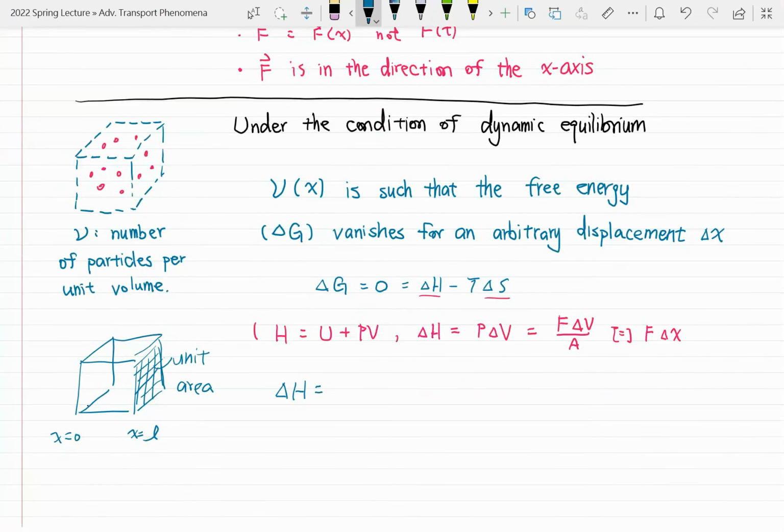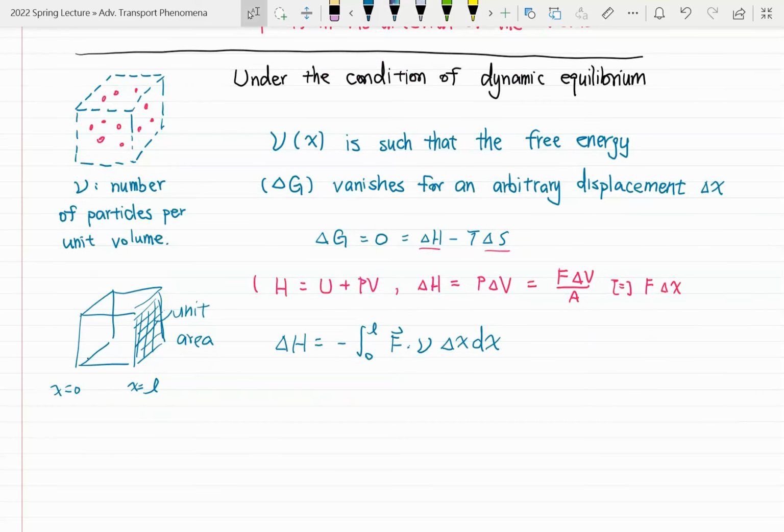Okay, so delta H here equals the negative integration from 0 to L of the force F exerted on individual particles times the number density of particles per unit volume times the displacement dx.